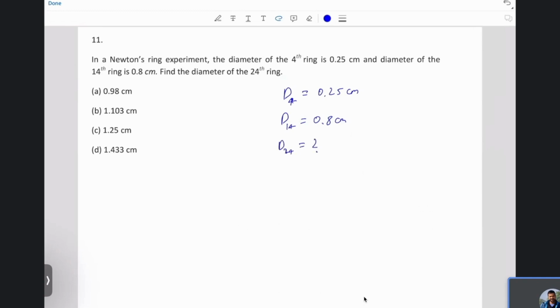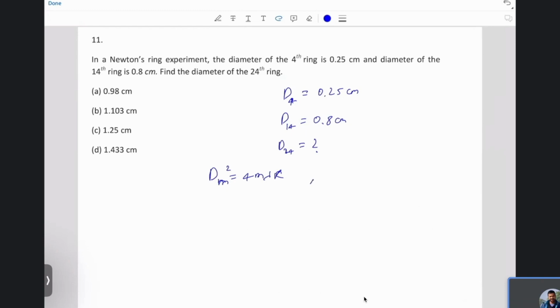Okay, now can anyone tell me how to solve this one? So again, the formula we have is the same. dm square is equal to 4 m lambda R, correct? So by taking the ratio, are you sure?